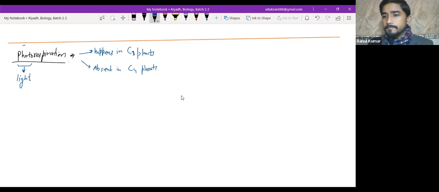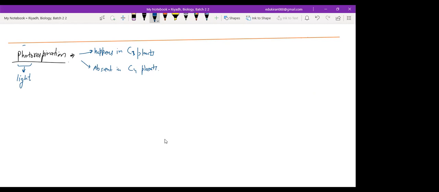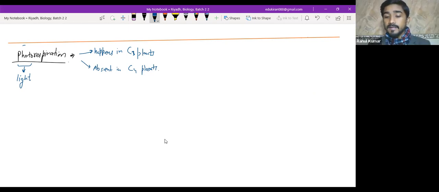Yes, sir. A process of light-dependent uptake of oxygen, which leads to giving out of carbon dioxide. And then there's another point, the gaseous exchange. Yes, right. So basically, what we are doing is we are taking in oxygen, but in a light dependent manner, correct?